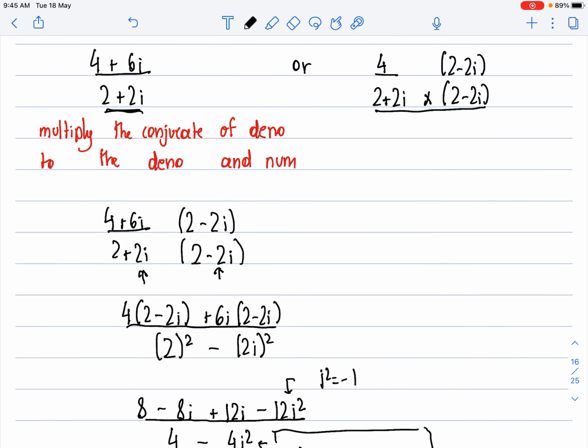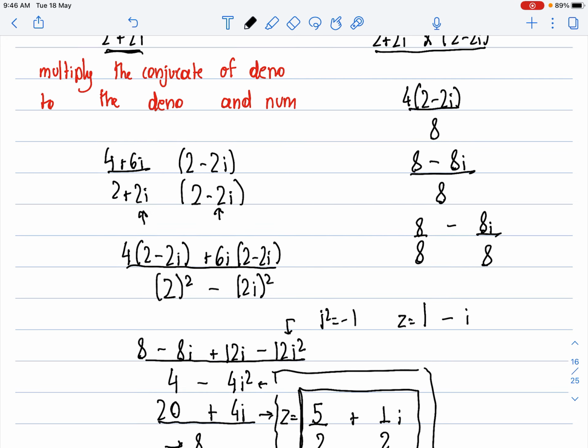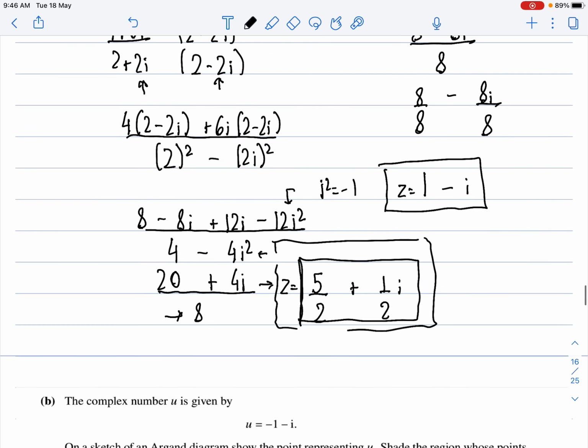So I can write this as 4 into 2 minus 2i over 8, which can give me 8 minus 8i over 8. Correct? So now I can write this as 8 over 8 minus 8i over 8. So I'll get my answer here as 1 minus i, which is another value for z. So both of these are my answers.